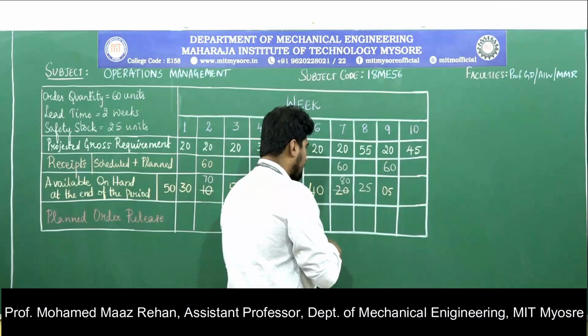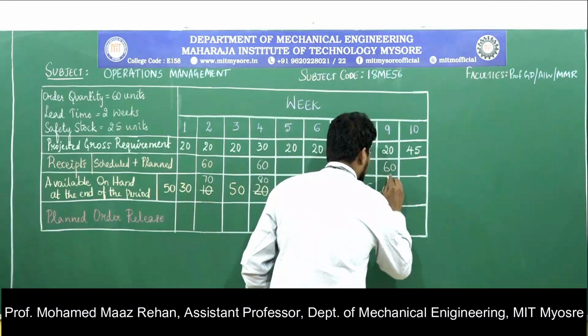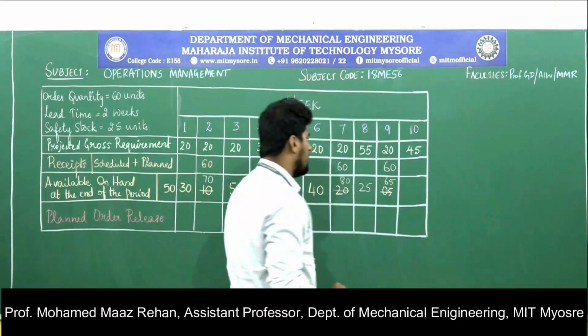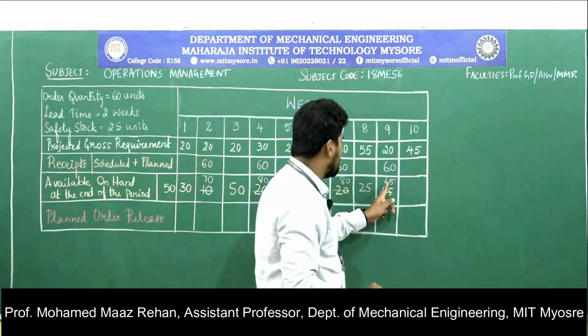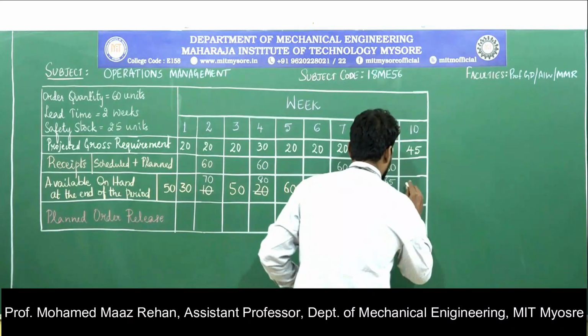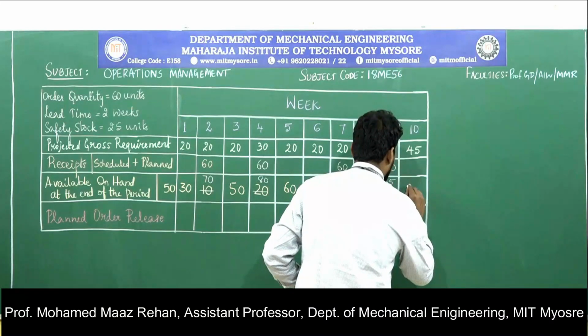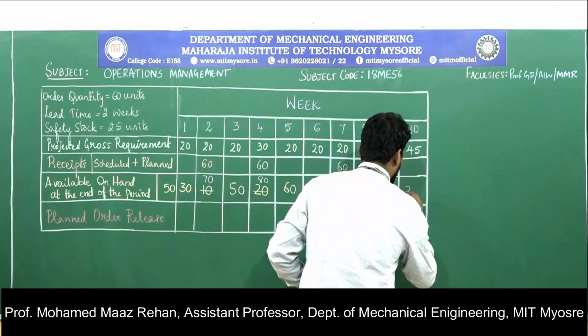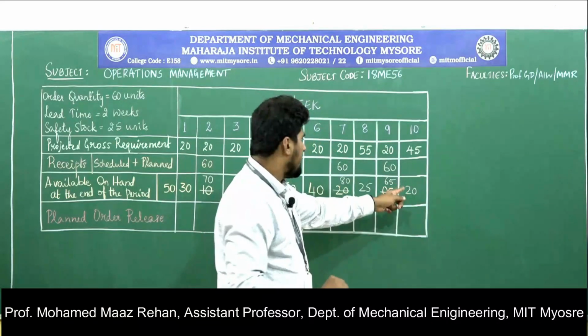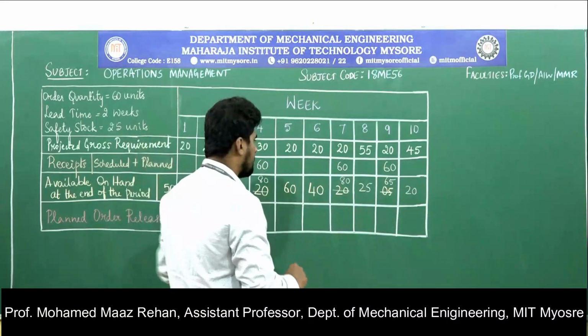So 5 plus 60, that is 65 units on hand. Again 65 minus 45, that gives 20 units. And again, these 20 units are not satisfying your safety stock.